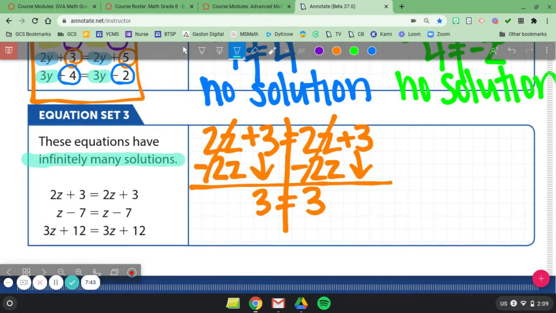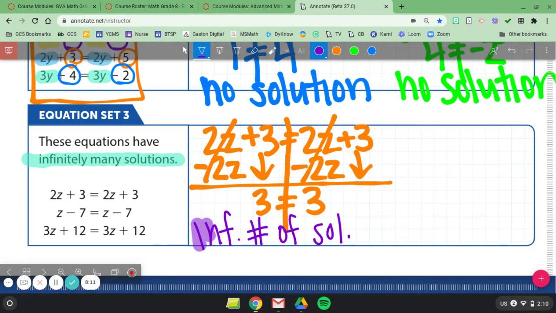Every number can be multiplied by 2 and add 3 to it. And if you do the exact same thing again on the right side of that equation, the left and right side of the equation will equal each other. So this is an infinite number of solutions, or infinitely many solutions.